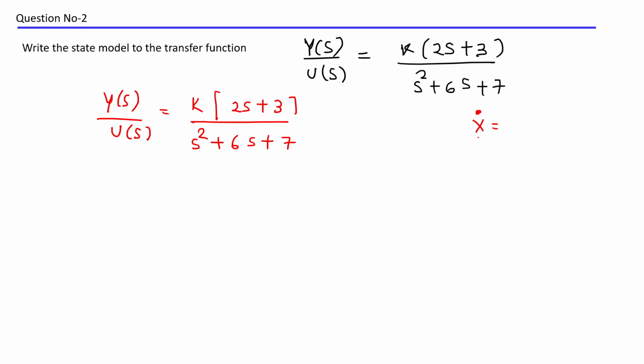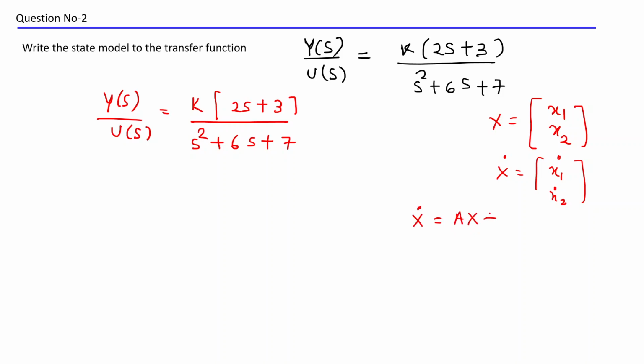In the state vector, first you identify what the coefficients are. Is it a third order equation or second order equation? It is a second order equation because the highest order of s square is 2. So it means your state vector will contain only x1 and x2. If the state vector contains x1 and x2, the differential state vector should be x1 star and x2 star. Now we have to write x star equal to Ax plus Bu.